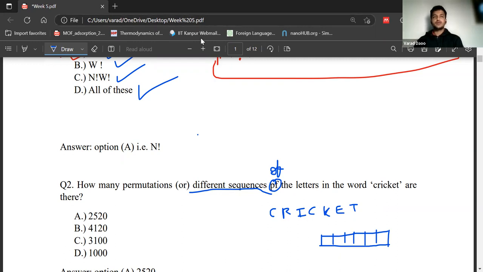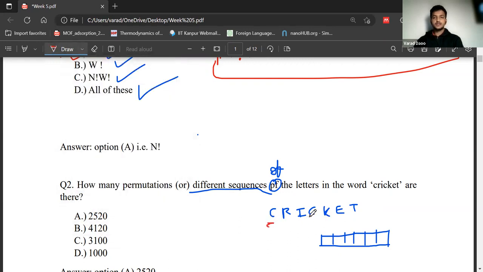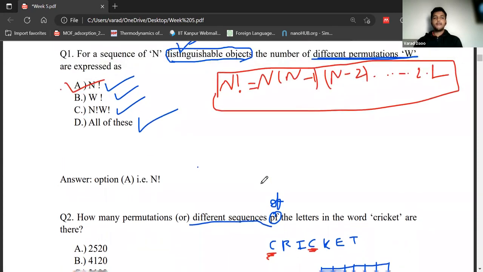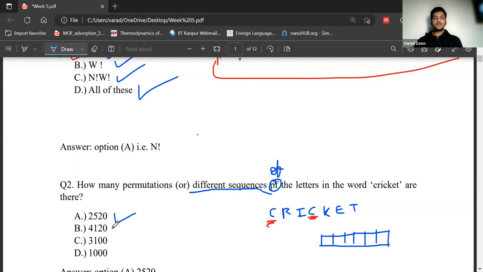One hint I would like to give is that here the letter C has come twice, so remember to take this also into account. I'll give you a couple of minutes to solve the question, and these are the options: 2520, 4120, 3100 or 100.